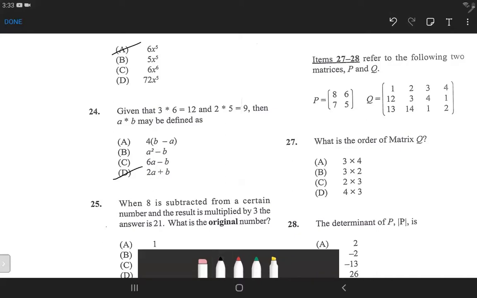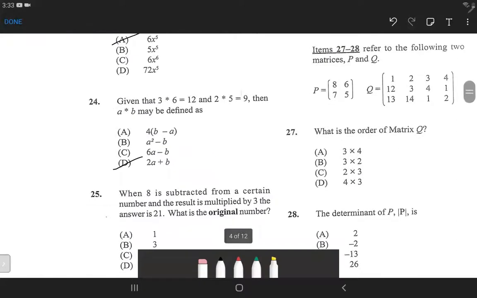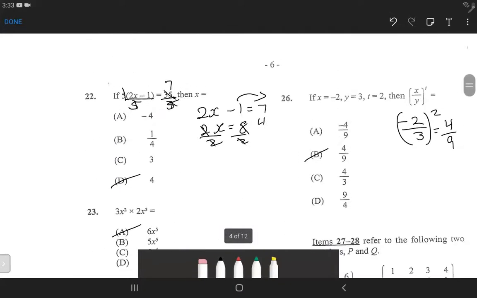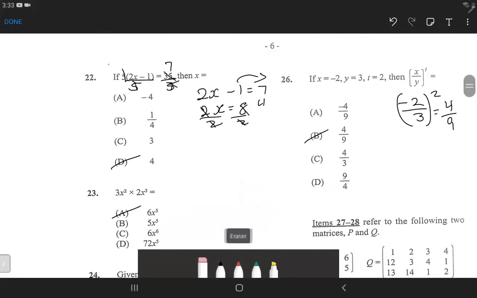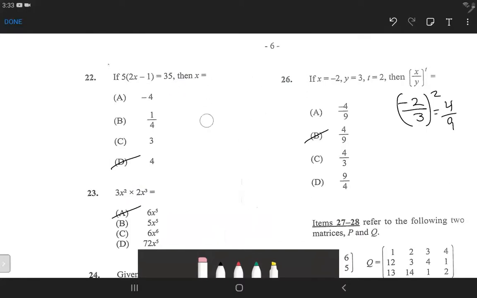All right, so you could go over 22. 22, where's 22? Yeah, sure. So let's clear it. We have 5 into 2x minus 1 is equal to 35. There's our next way we could do it. We could have distributed. We have 10x minus 5 is equal to 35.